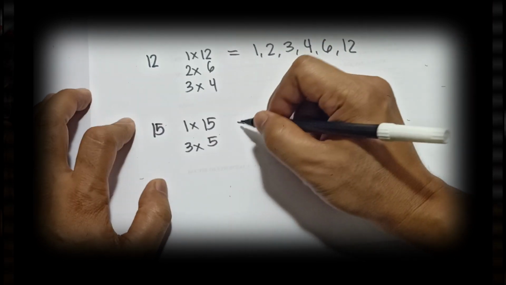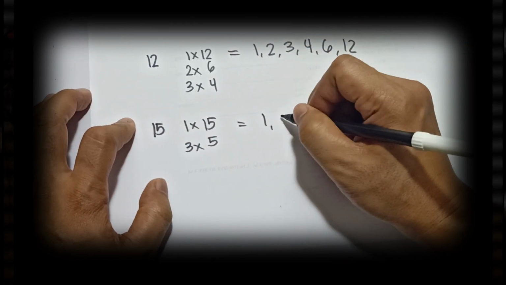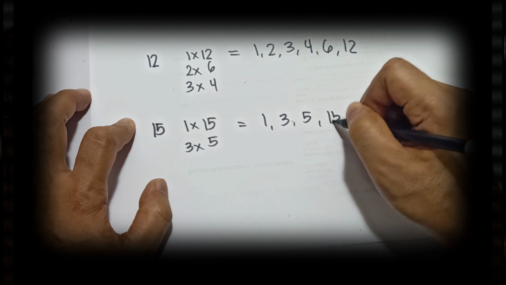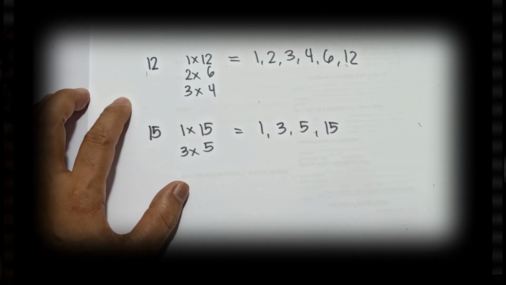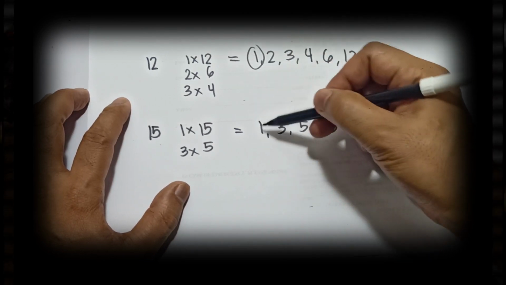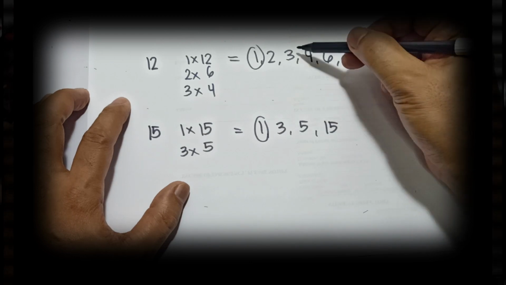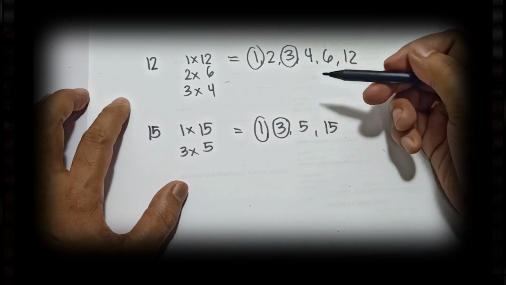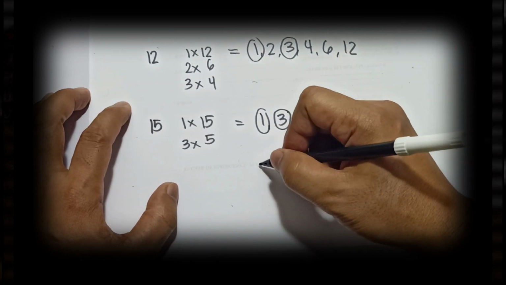So let's list down in this way. So 1, 3, 5, 15. Okay, so as you can see here, 1 and 1 here are the same, and then 3 and 3 here are the same.